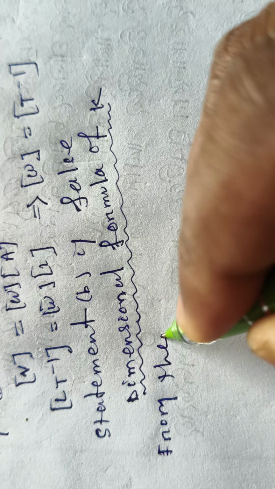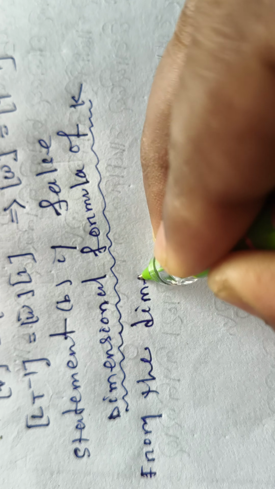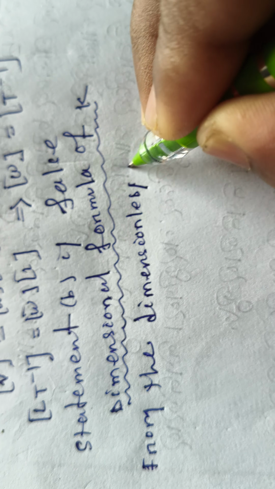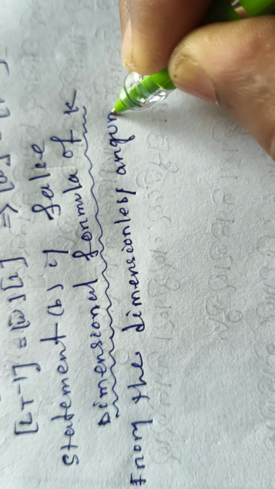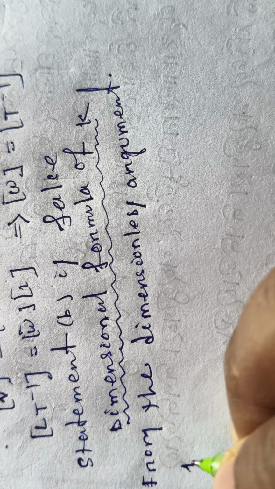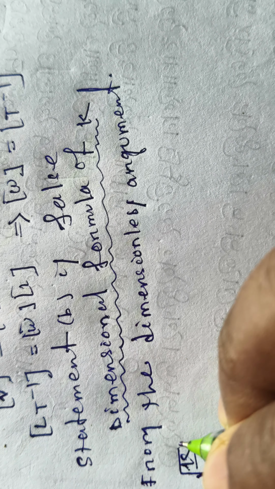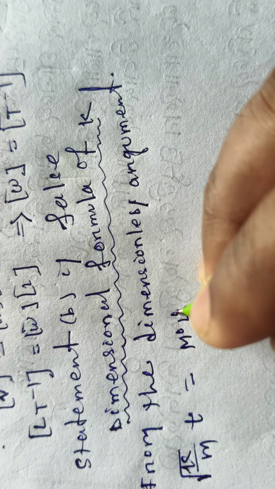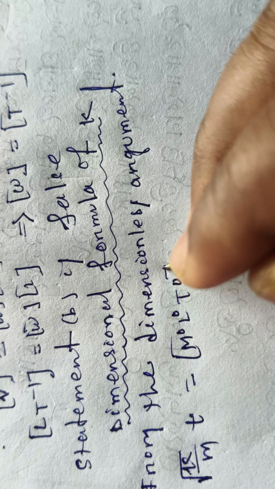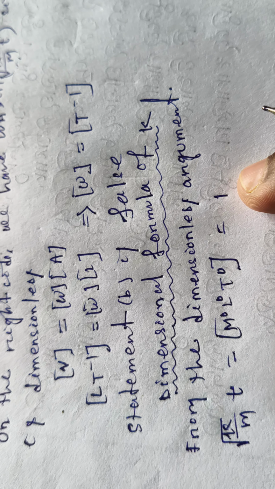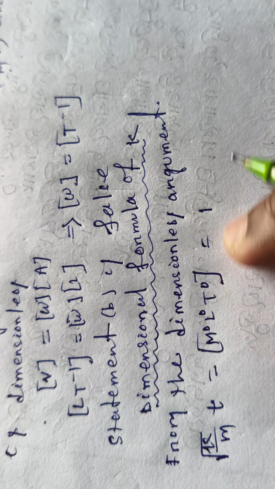From the dimensionless argument, K by M root over T is dimensionless, M0, L0, T0. Dimensionless is 1, a constant. Constant means no error.